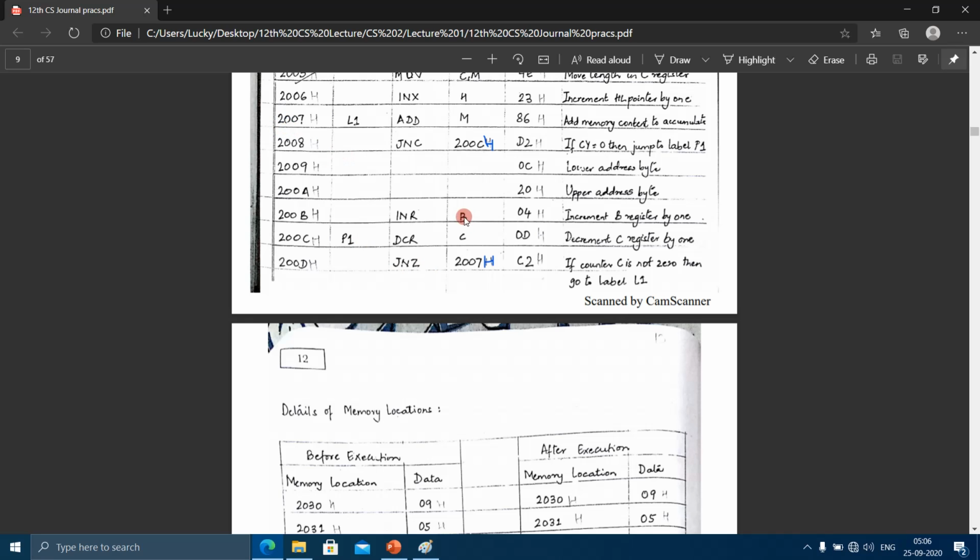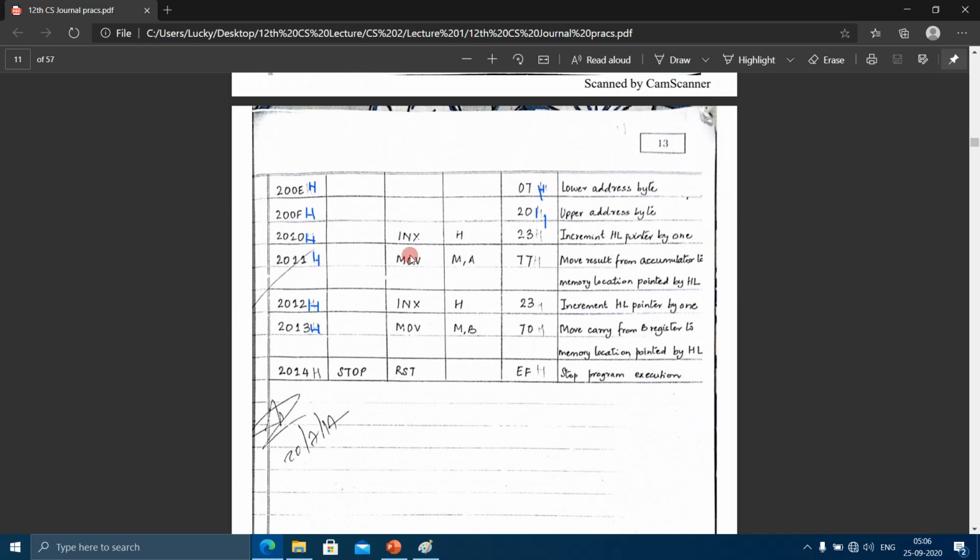But when C is equal to 0, the condition will not be satisfied, so it will not jump to 2007. It will execute the next instruction after JNZ, which is INX H.